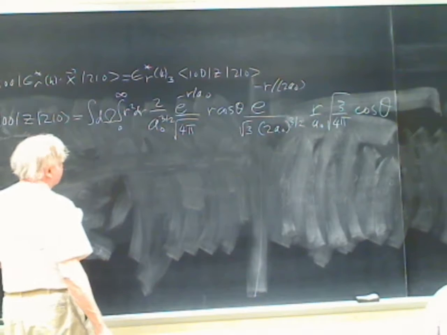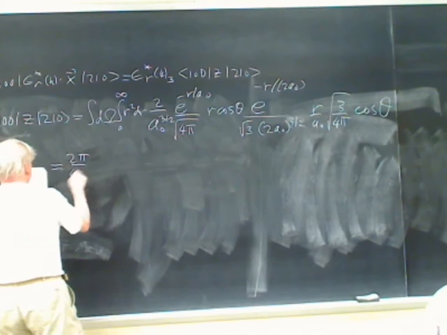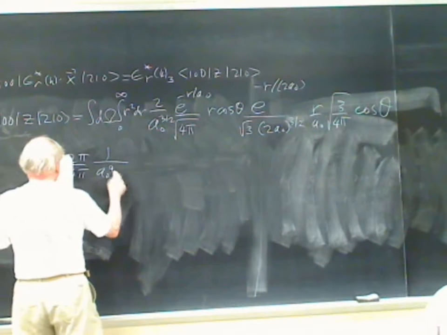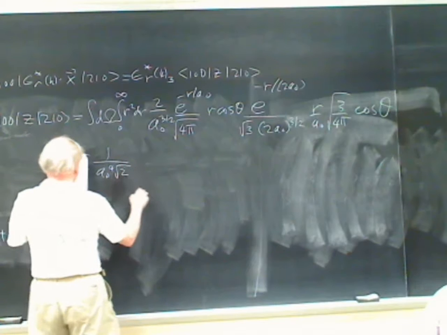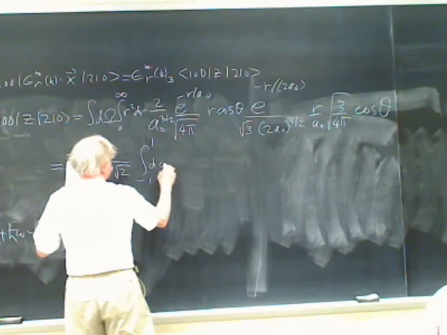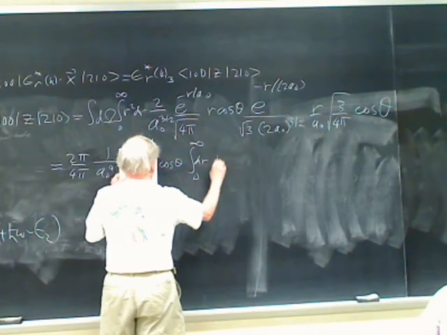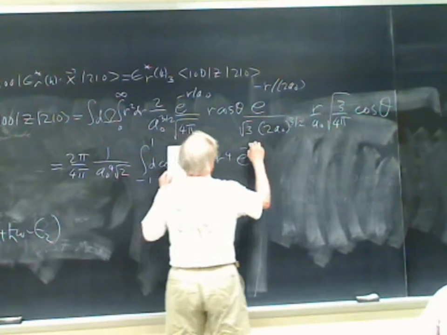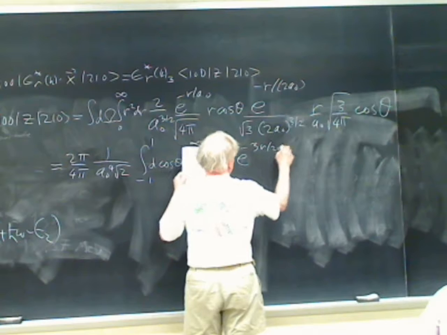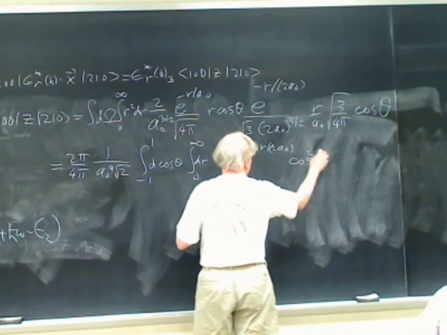If you do the d phi integration, you get a 2 pi. So you wind up with a 2 pi over 4 pi, 1 over a0, a0 being the Bohr radius, so 4 root 2, integral from minus 1 to 1 d cosine theta, integral 0 to infinity dr r to the 4 e to the minus 3r over 2a0 cosine squared theta.